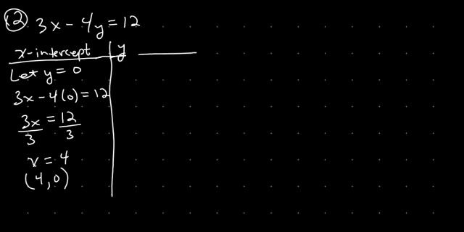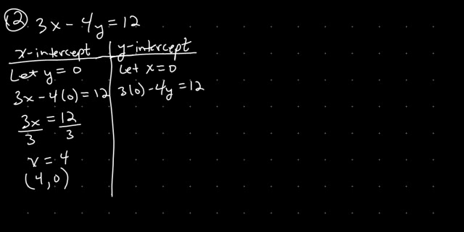Let's do the y-intercept. So at the y-intercept, when you're on the y-axis, your x-coordinate is 0. So let x equal 0. And so we get 3 times 0 minus 4y equals 12.